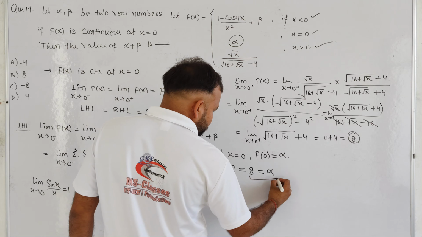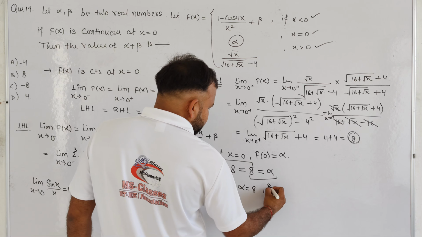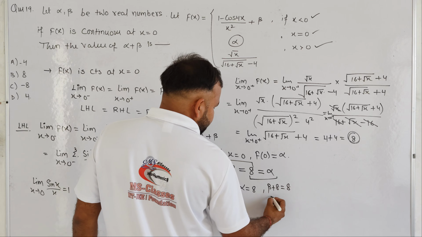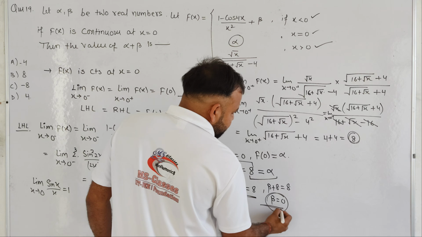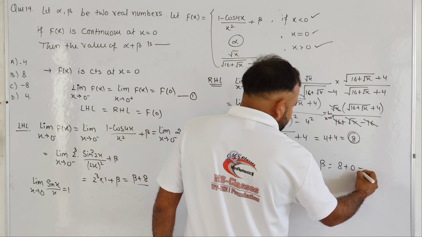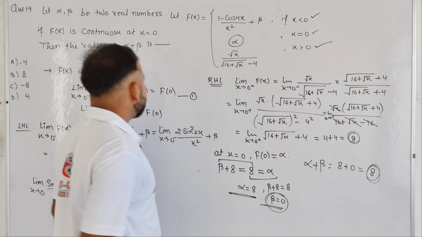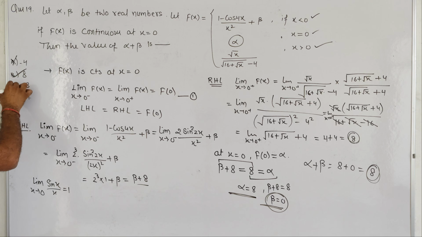So by comparison, alpha is 8, and beta plus 8 equals 8, that means beta equals 0. So basically alpha is 8, beta is 0. So alpha plus beta, 8 plus 0, it will become 8. So our option B is correct student, remaining options are incorrect.